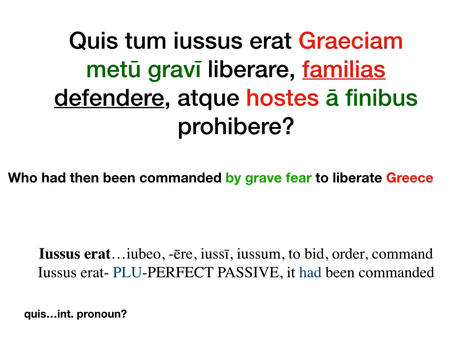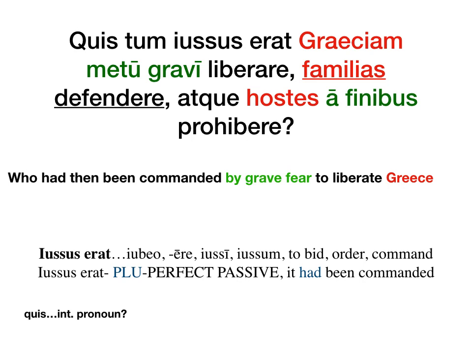So who had then, tum is then, been verbed, been commanded, that's the actual iosus erat part, by grave fear, so metu gravi is an ablative of means, to, complementary infinitive, to liberate Greece. So iussus or iubeo in general, this verb, often takes a complementary infinitive. In this case, it's taking three complementary infinitives.